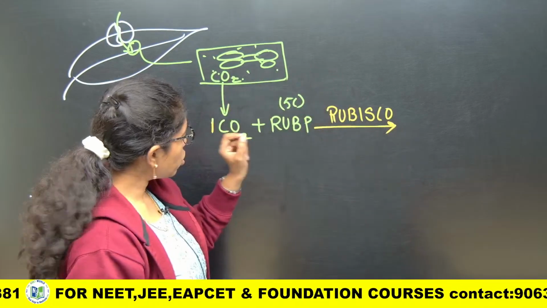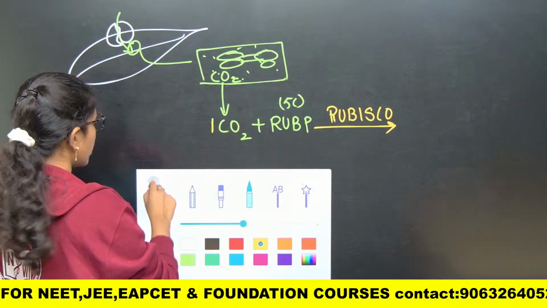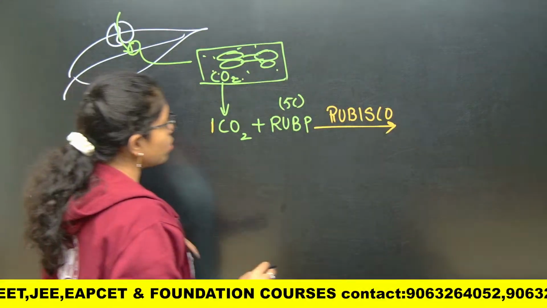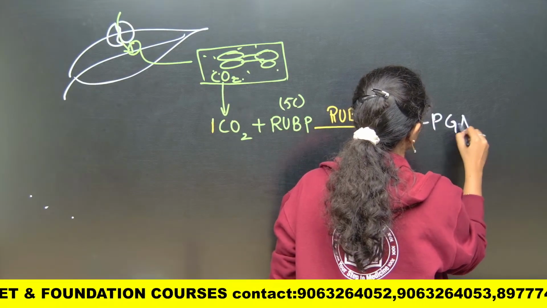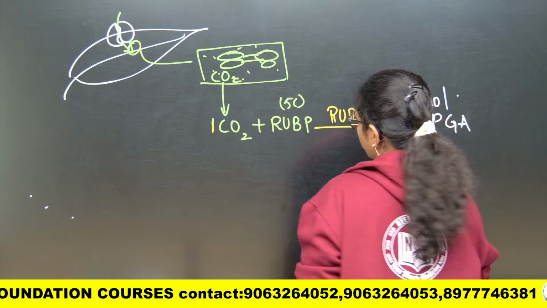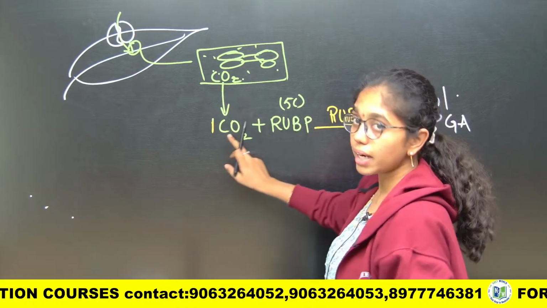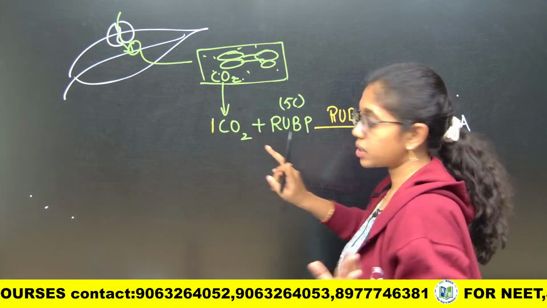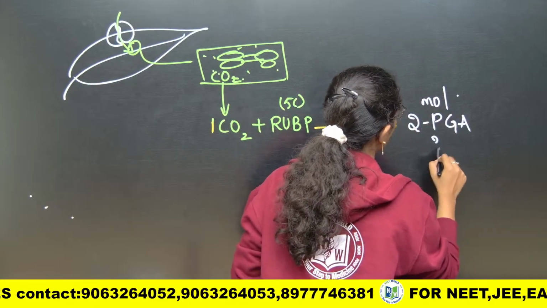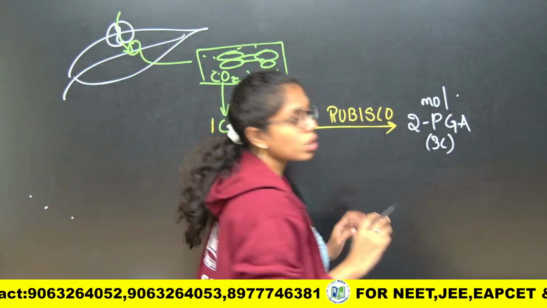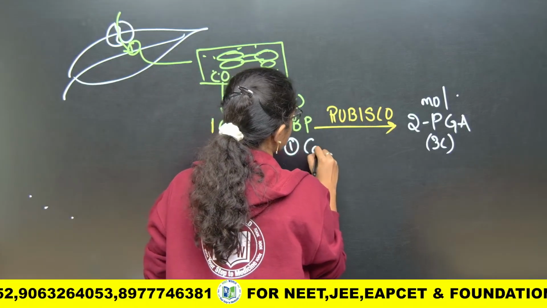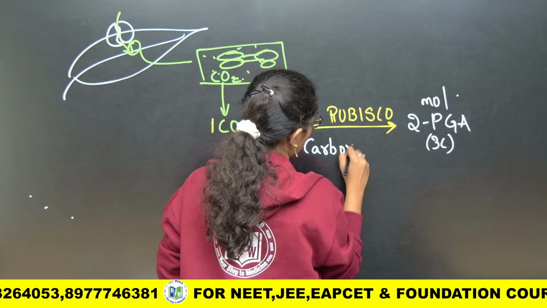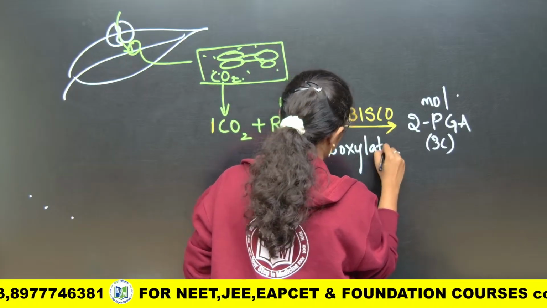After the reaction, it forms 2 molecules of phosphoglyceric acid. You can count it: this is 5 carbon and this is 1 carbon, total 6 carbon. So 2 molecules of 3 carbon compound are formed. This first step is called carboxylation.